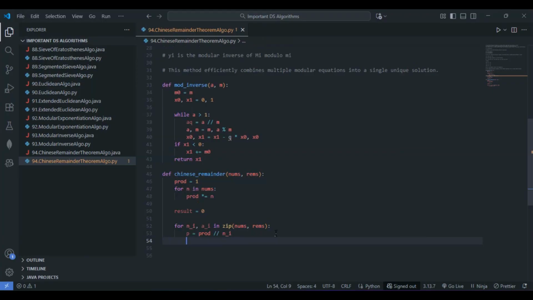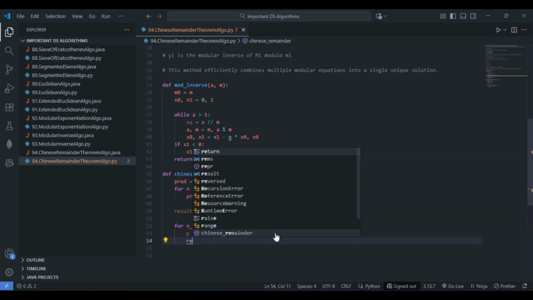The next step, let's add to the result. Meaning what we need to add basically is remainder into partial product into the modular inverse, right? A1 into M1 into Y1, A2 into M2 into Y2, A3 into M3 into Y3. So that part we have to add to the result, nothing but remainder into partial product into the modular inverse, right?